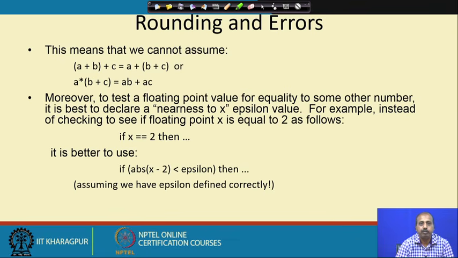So, if you put it in a program, you may find that it creates some problem. So, it is better that you write it like this: the absolute value of x minus 2 is less than some epsilon, where epsilon is a very small positive quantity. We find the difference between x and 2, take the absolute value so it becomes positive, and then check whether it is less than epsilon or not. Normally in a floating point program, instead of writing the direct equality, we have to write it in this format to avoid this type of problem.